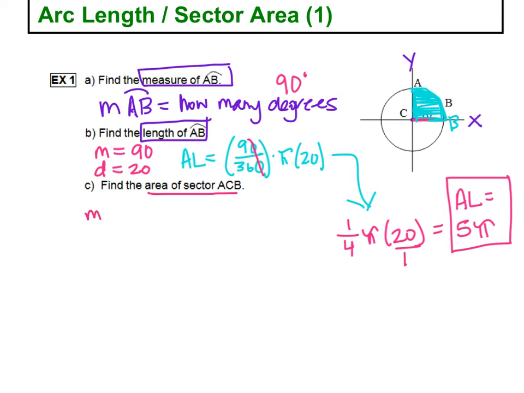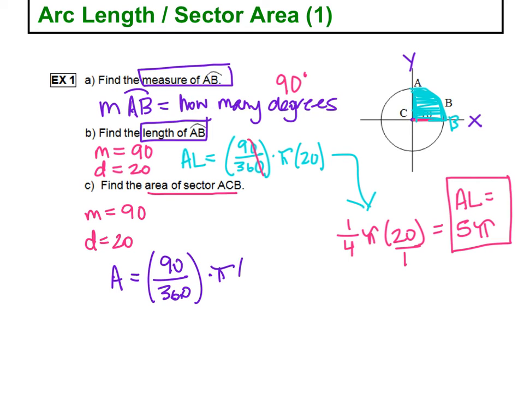We need to know that the measure of the arc is 90 degrees and that the diameter is 20. And now we're going to the area of the sector. Remember just the formula from right above from the intro video. We take the 90 over 360, so the measure of the arc over 360, times pi times your diameter, which is 20.